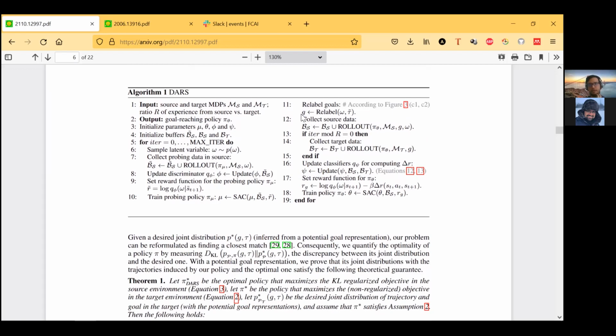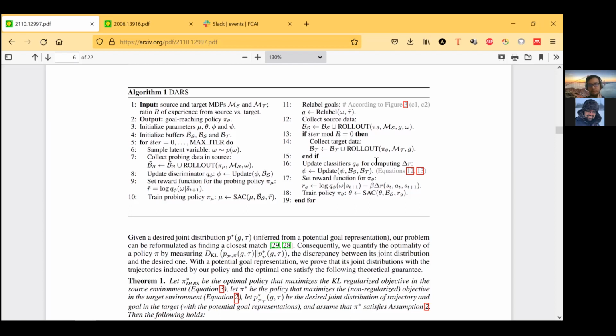Here you have to train another policy, but it's a very similar process. You call this relabel, which for instance would pick the last state of this trajectory. And then you do the same thing, creating trajectory data in the source environment again.